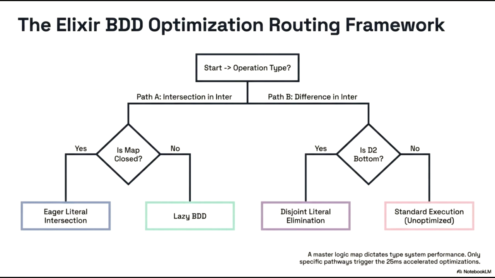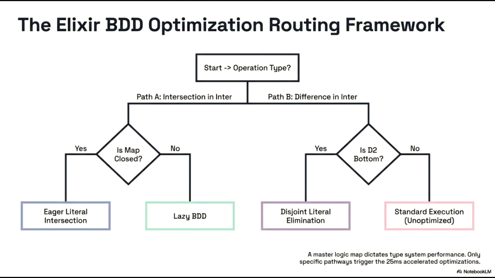The Elixir BDD optimization routing framework serves as a master logic map that dictates our type system's overall performance. The routing process begins by identifying the operation type. Under path A, which handles intersections within an interval, the framework evaluates whether the map is closed. A closed map triggers an eager literal intersection, whereas an open map results in a lazy BDD execution.